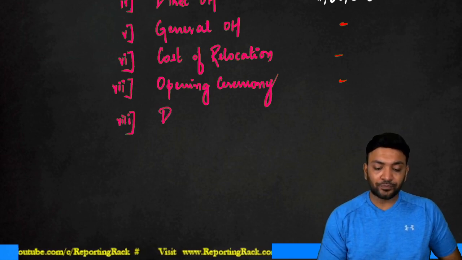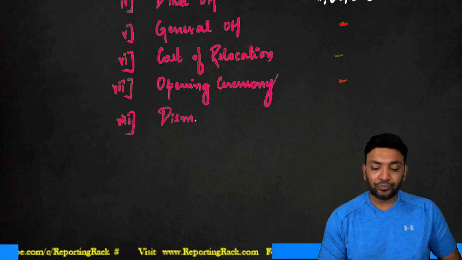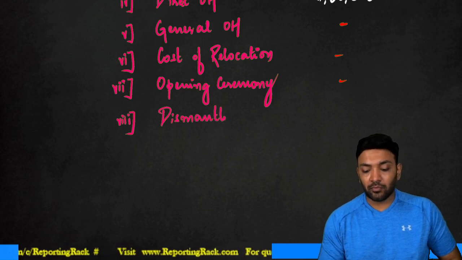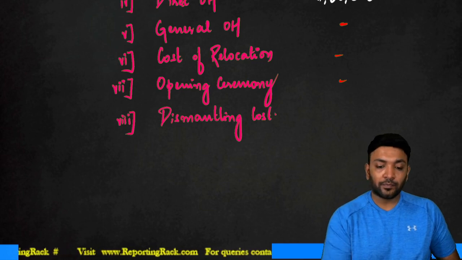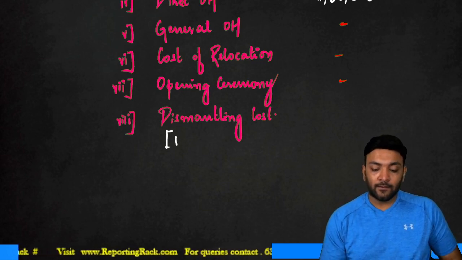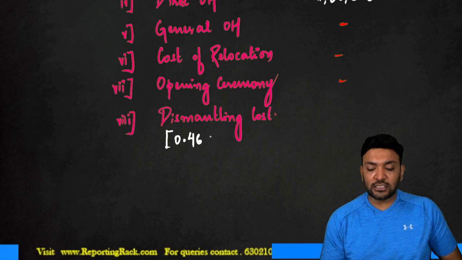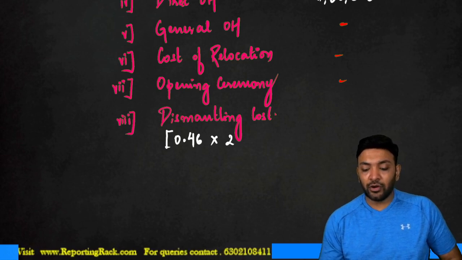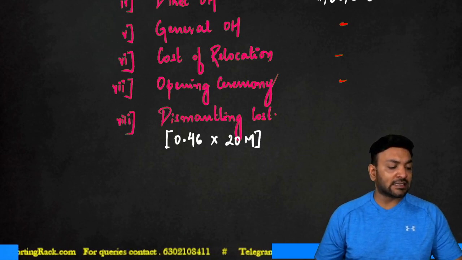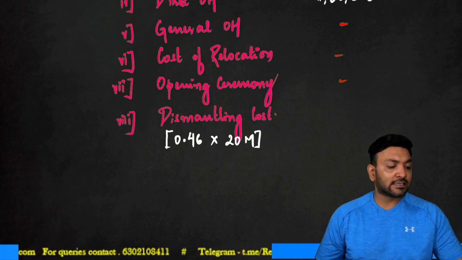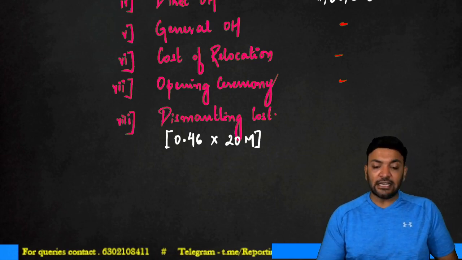Dismantling cost: 0.46 into 20 million. How much is it? 20 million is nothing but 2 crores into 0.46 is 92 lakhs.